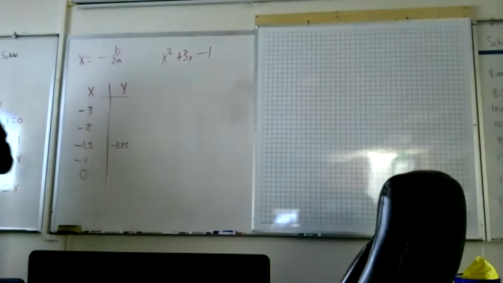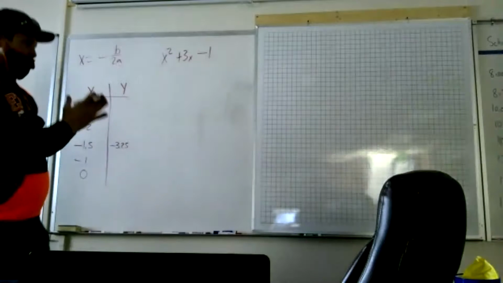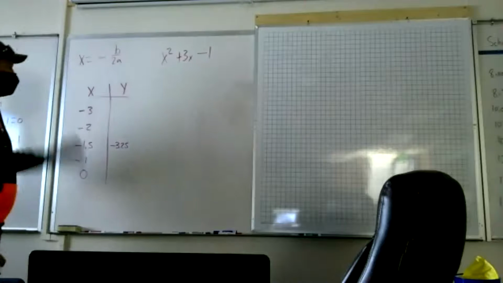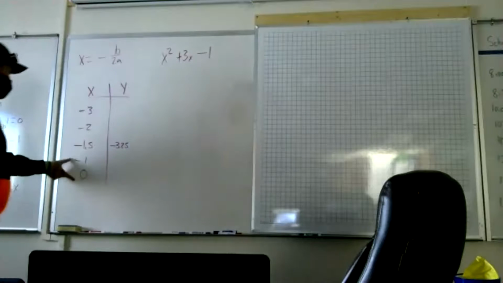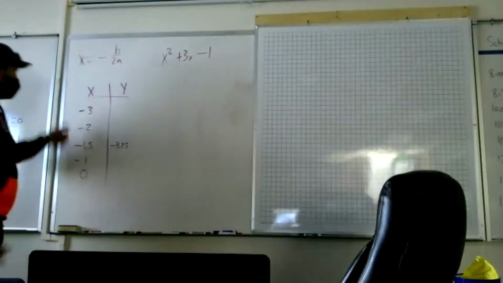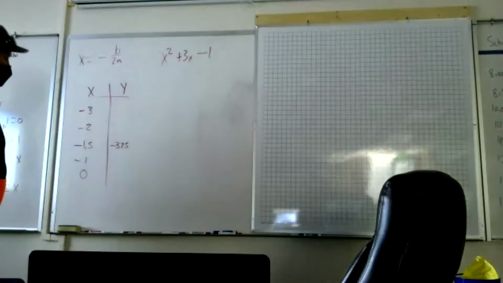That's useful to me because I know that the graph has to map onto itself from the axis of symmetry. So this is where we can eliminate some of the work. And looking at these, -1 and 0 are much easier points to plug in rather than -2 and -3.